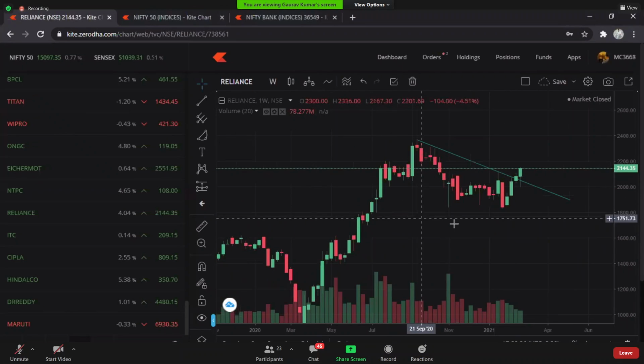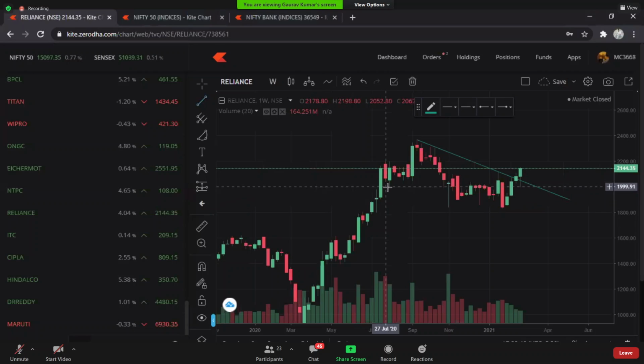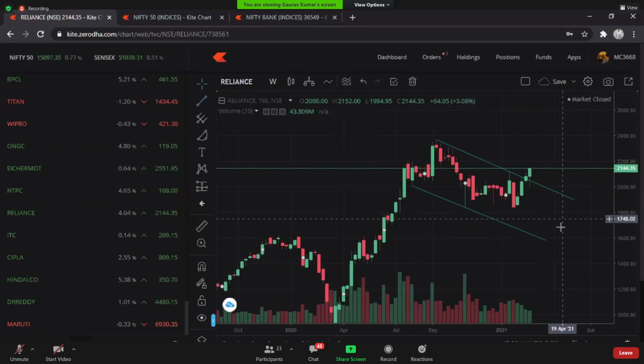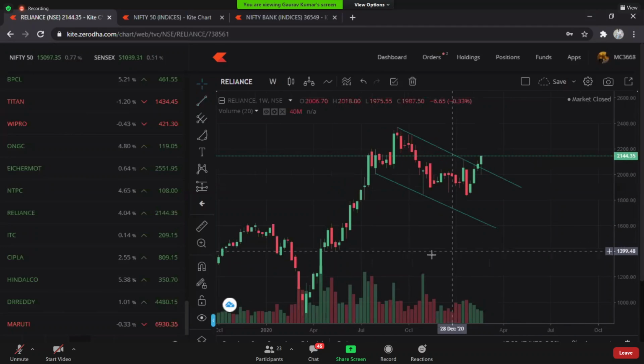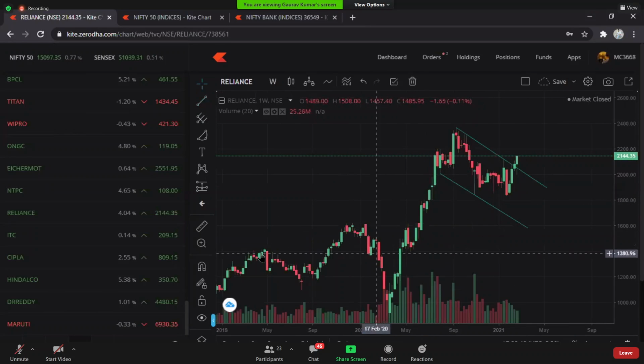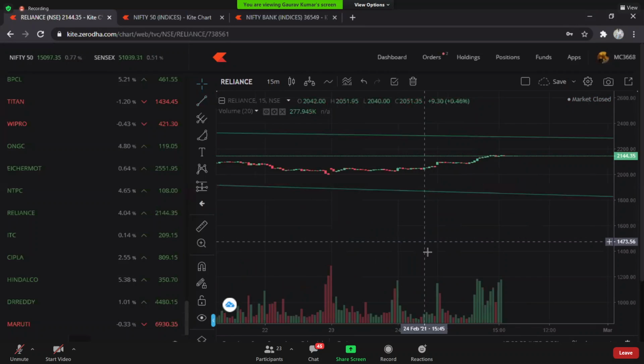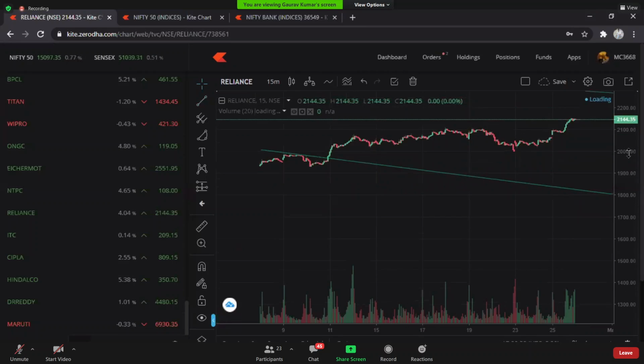So this is a weekly time frame. I said you will find structures in all time frames, and I hope you know this is a bullish flag in the weekly time frame. Let's move to the intraday time frame, 15 minutes, and see if we can find any.